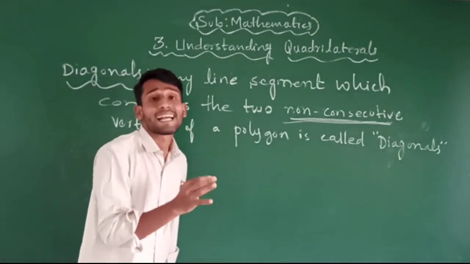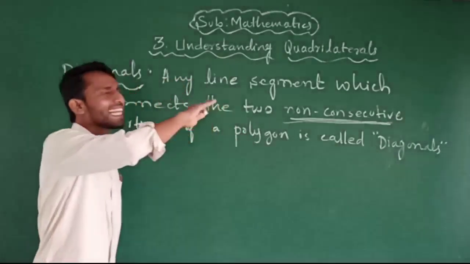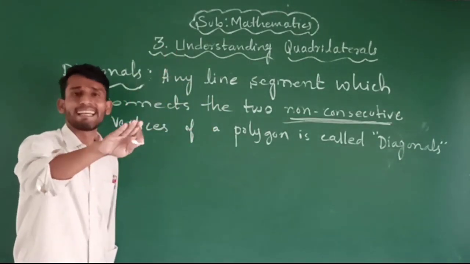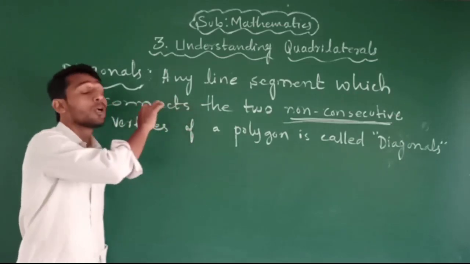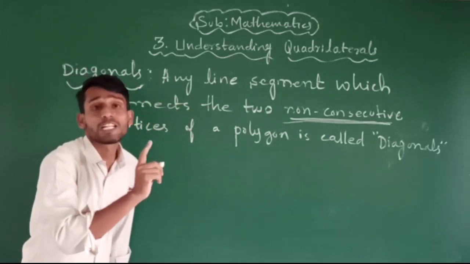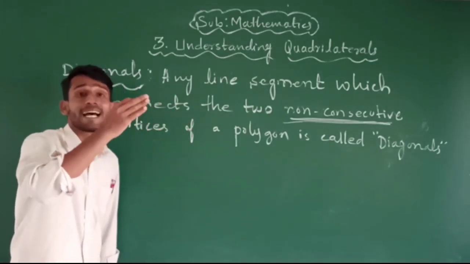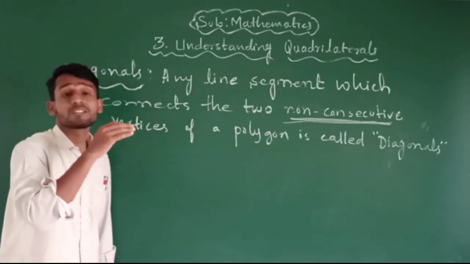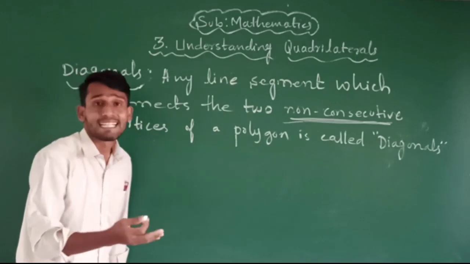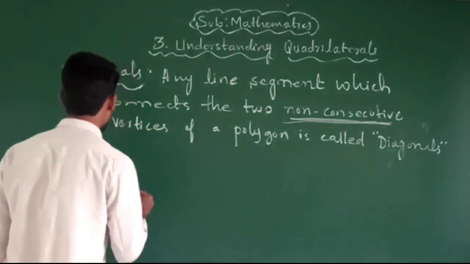You take any line segment which connects two non-consecutive vertices, those line segments we will call diagonals. See here some pictures you observe.